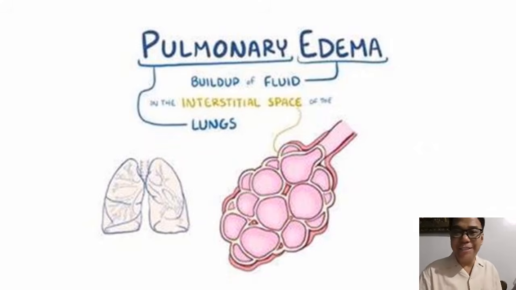So once again, what's the earliest sign of hypoxia? Yes, that's correct. That's restlessness. Okay. So aside from that, they might verbalize that they fear something. Okay. Because they started to experience dyspnea.